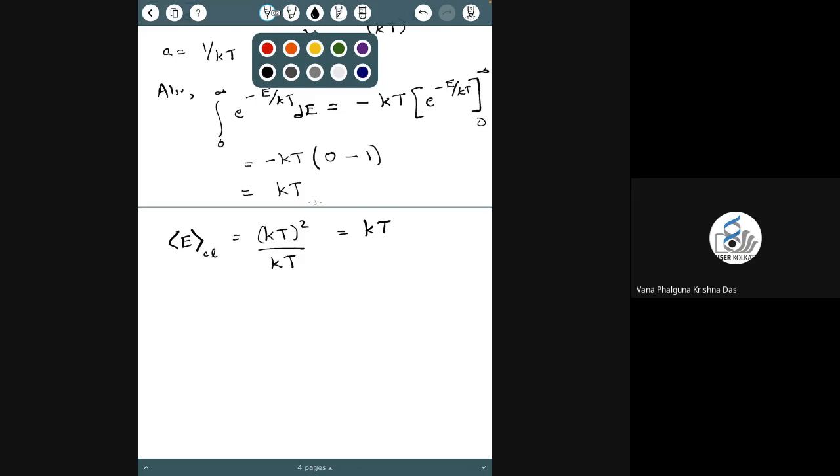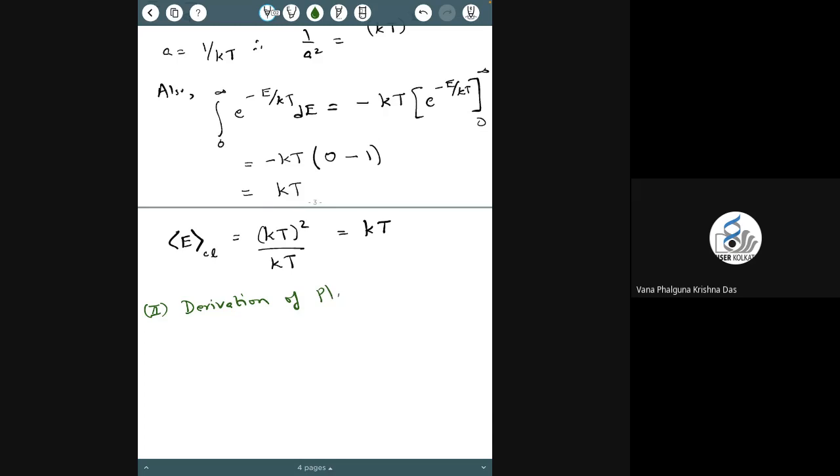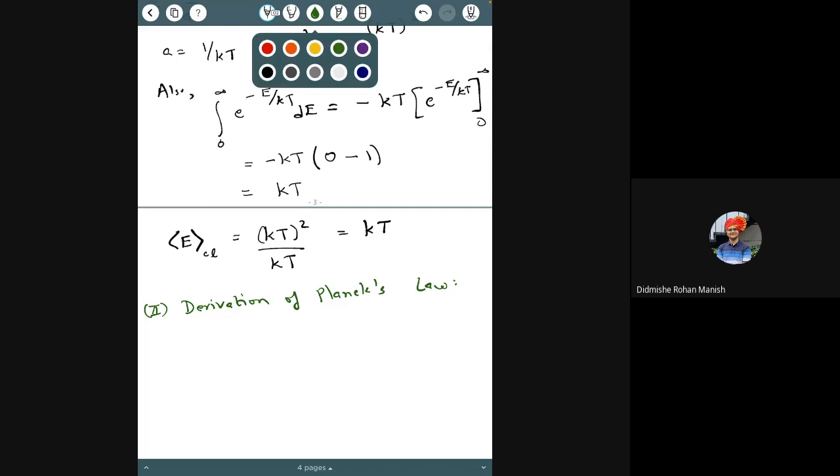So the next thing we'll do is the derivation of Planck's law. Ma'am, that kT is classically the energy of the oscillations of the molecules and things like that, right? And on the walls of the black body. Yes, so there are two ways of thinking about it.